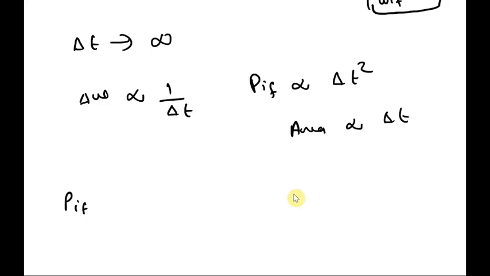We actually have written an expression for probability and also for gamma. That is the transition rate.